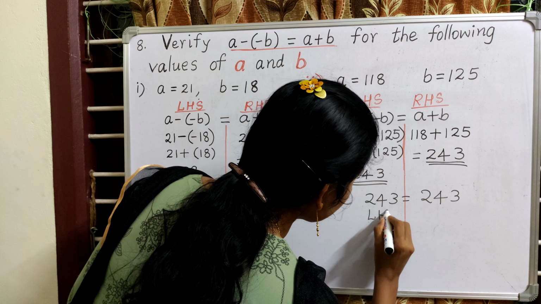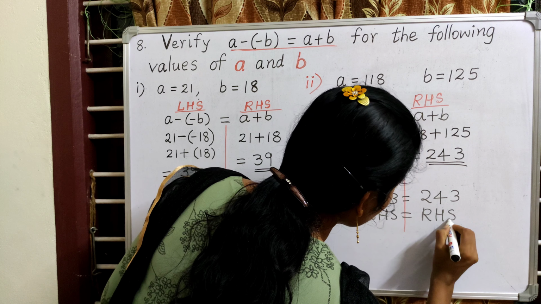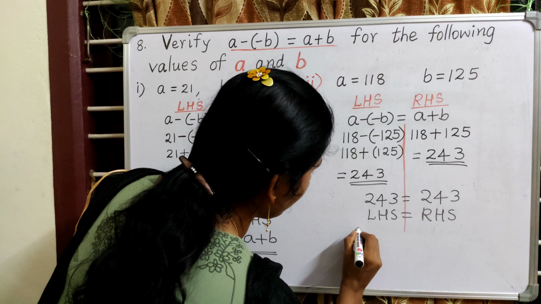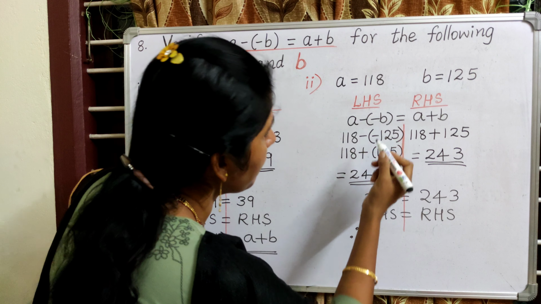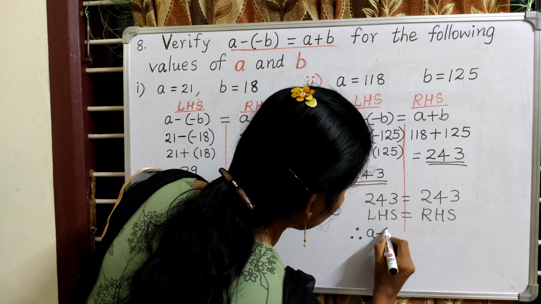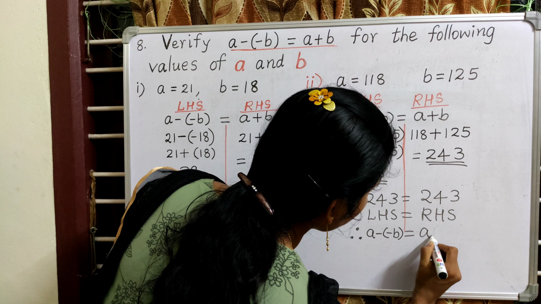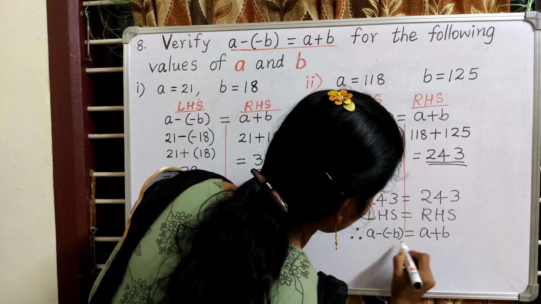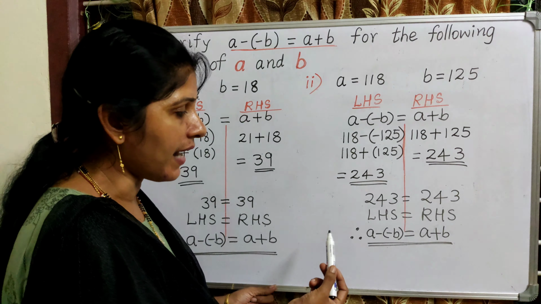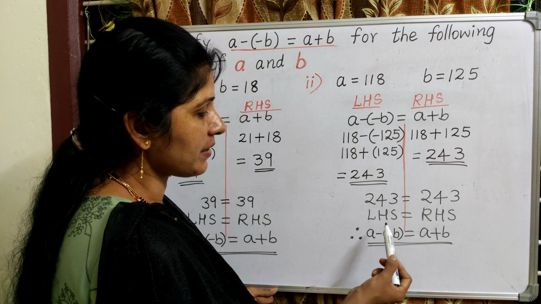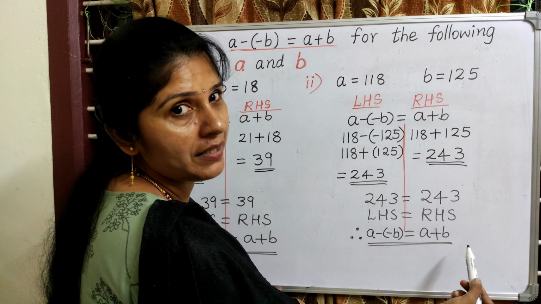Left hand side is equal to right hand side. So, therefore, A minus minus B is equal to A plus B. Hence, we verified that A minus minus B is equal to A plus B.